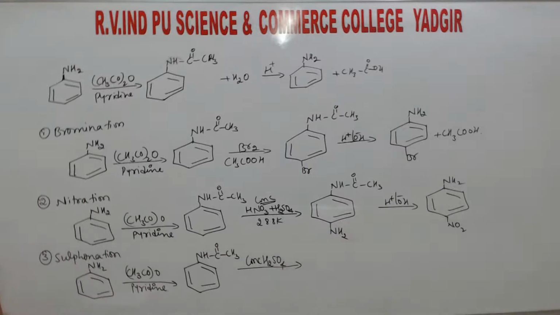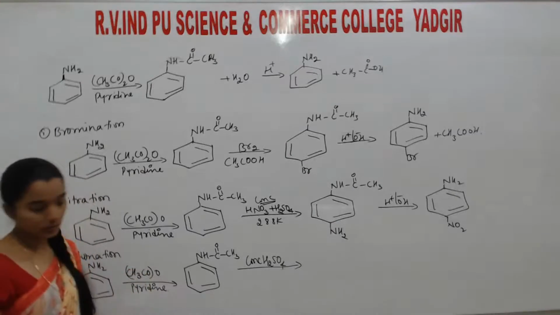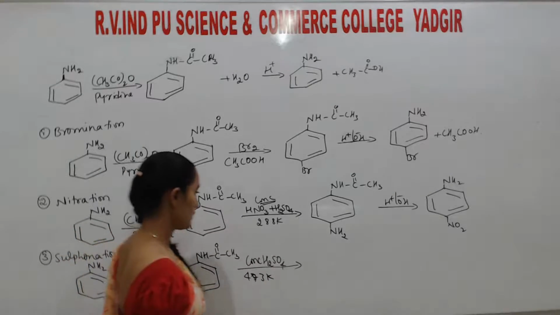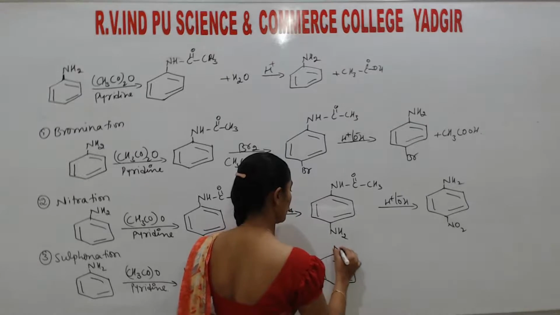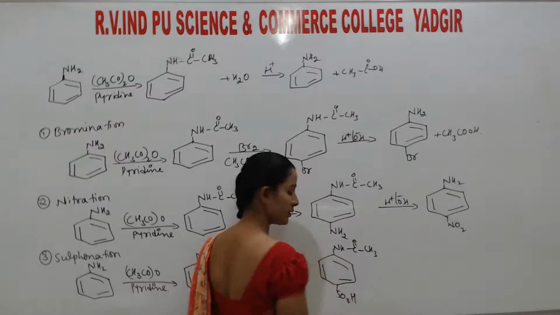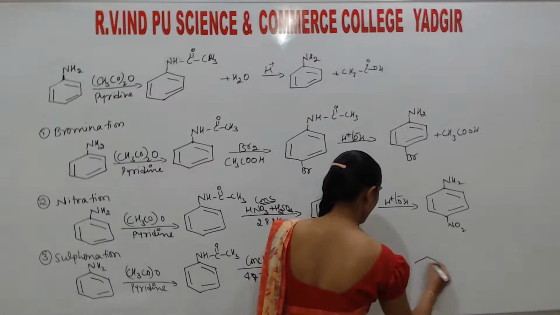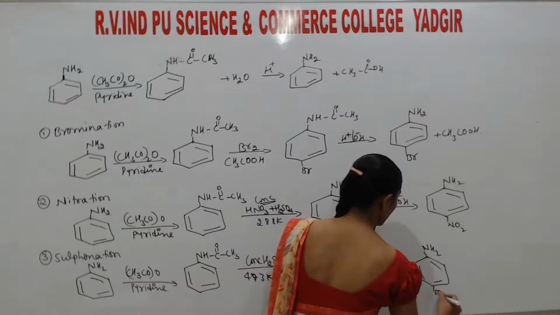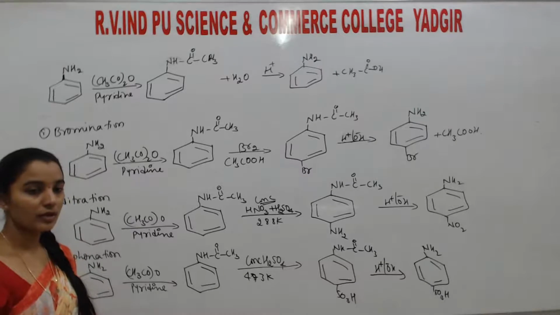When we use concentrated H2SO4, at 453 to 473 Kelvin, therefore SO3H. Then hydrolysis forms para-sulfonic acid aniline, a para-substituted aniline.